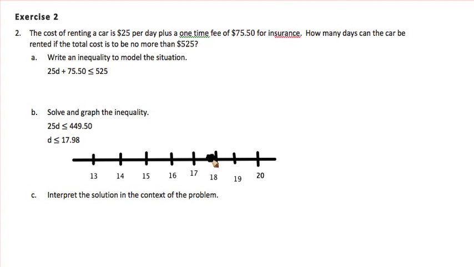So our end point is colored in because it is less than or equal to. The or equal to part requires you to fill it in. And then we'll add the ray, extending to the left this time, because it is less than or equal to.